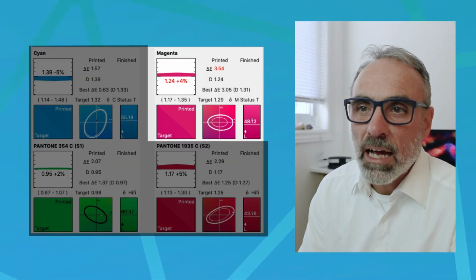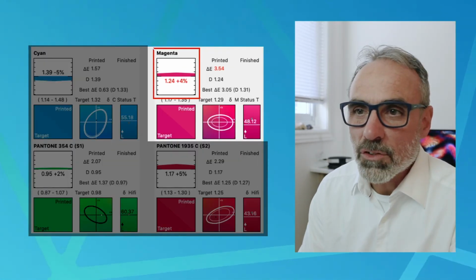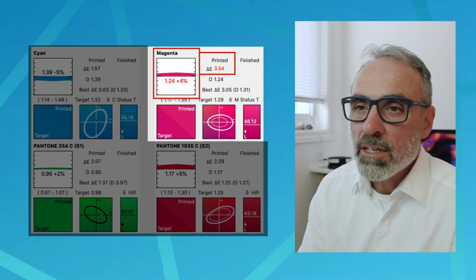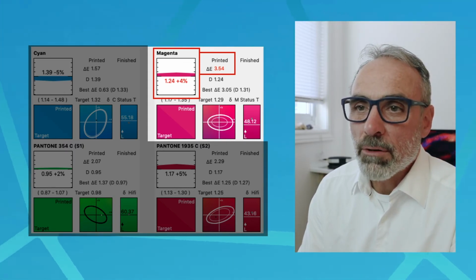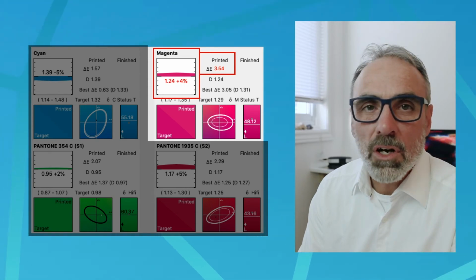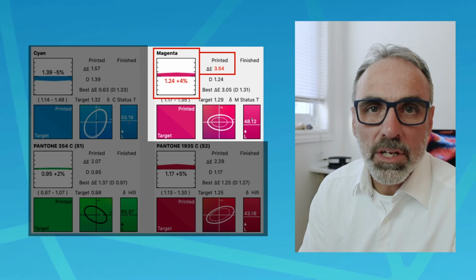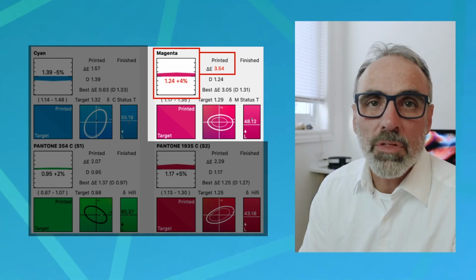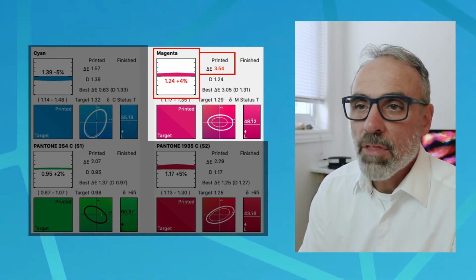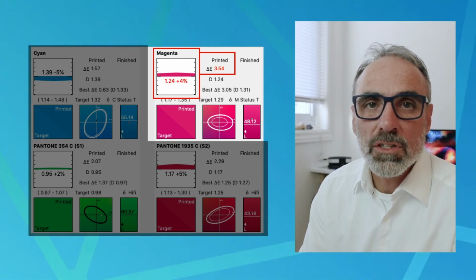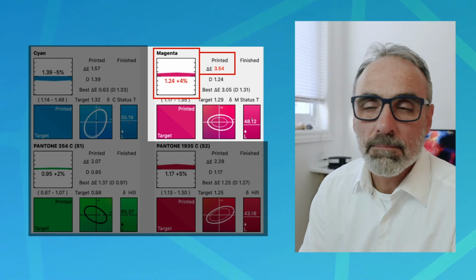However, let's have a look at the magenta side of things as well, because we have a couple of other features. You'll see that in the main measurement window here, the numbers are red. If you see any red figures in the summary window or more or less anywhere else within the pressSIGN interface, that means that the values are outside of the tolerance of the target set.